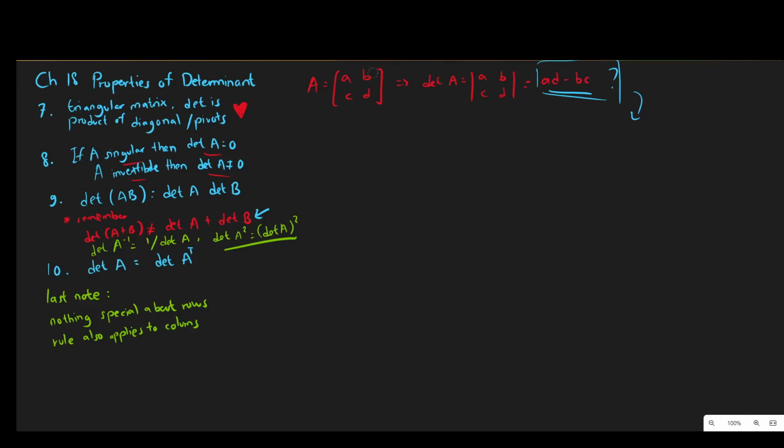And finally we are moving on to our last property, which is that the determinant of A equals the determinant of A transpose. There's a really quick proof. If you remember how we factorize A as the lower triangle times the upper triangle, let's also do that here.